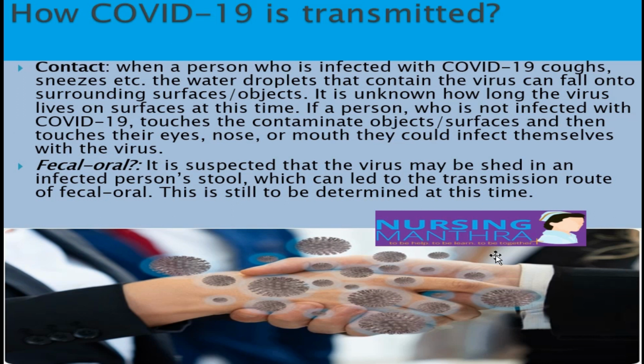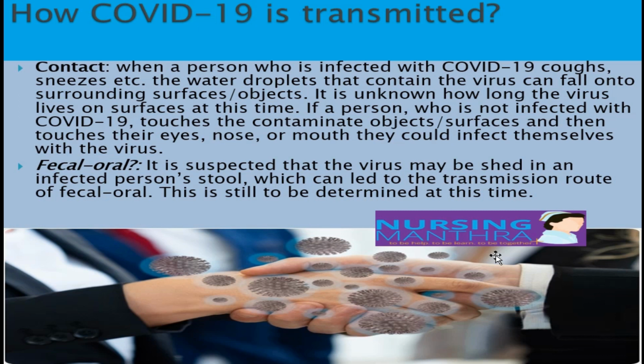Next is contact transmission. When a person infected with COVID-19 coughs, sneezes, etc., the water droplets that contain the virus can fall onto the surrounding surface or object. It is unknown how long the virus lives on surfaces at this time. If a person who is not infected with COVID-19 touches the contaminated surfaces and then touches their eyes, nose or mouth, they could infect themselves with the virus.